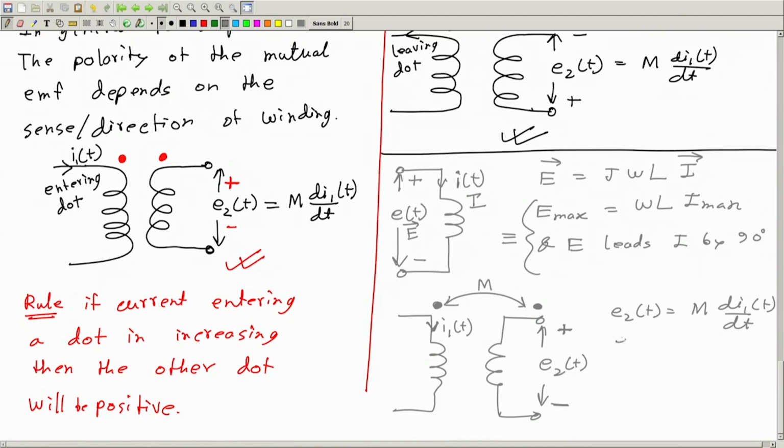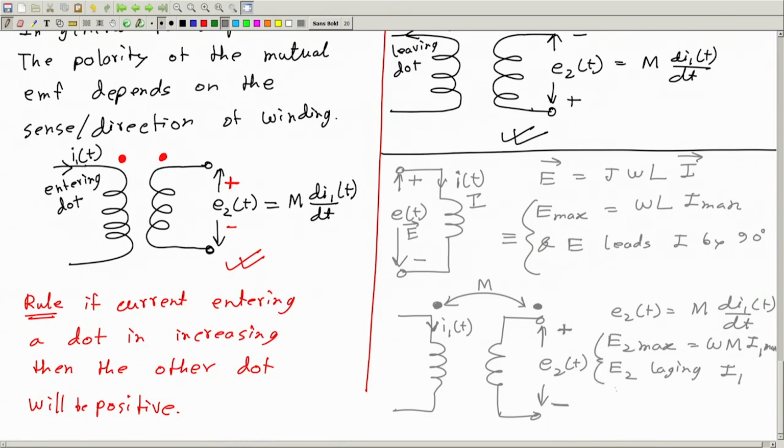So which means E2 max, the peak value of the induced EMF, this is a sinusoidal EMF, so the peak value will be omega M I1 max, and E2 lagging I1.